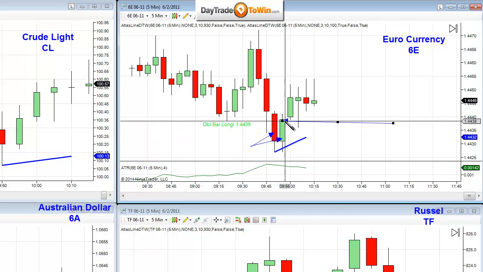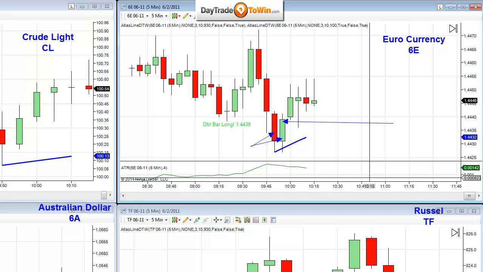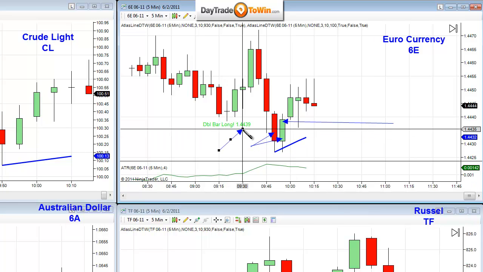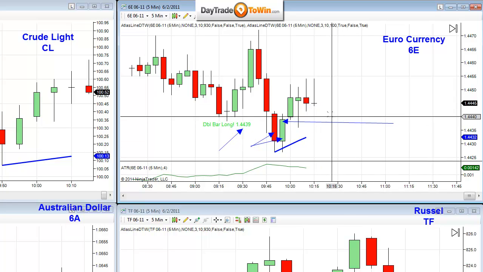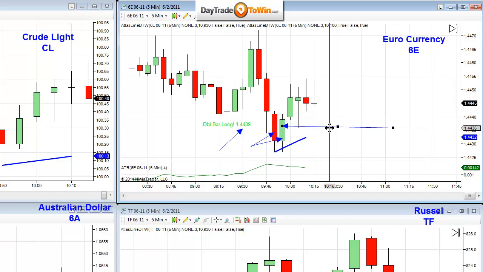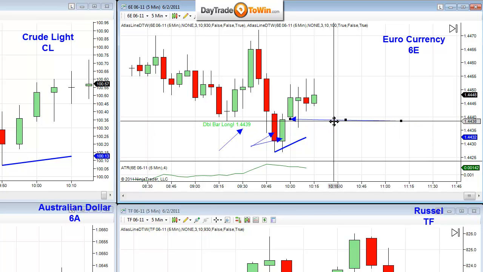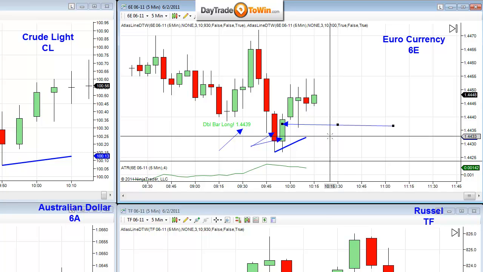The closing price of this candle right here is giving me this order, and so this number will always correspond to the closing price of the second candle. So double bar long is telling you to go long at 1.4439. The reason being the second candle closed above, this is the closing price, and you have a signal.